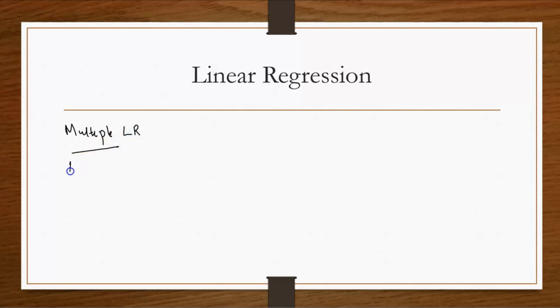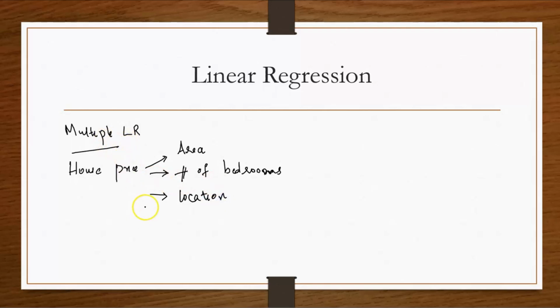For example, house price prediction. The price of a house can depend on many factors. I am just writing an example: the area, the number of bedrooms, then the location. All of these can be factors that affect the price of a house.